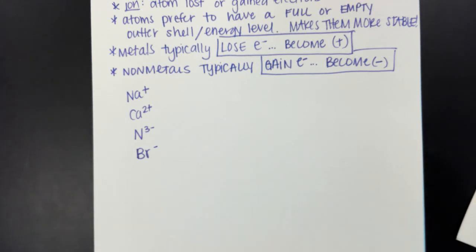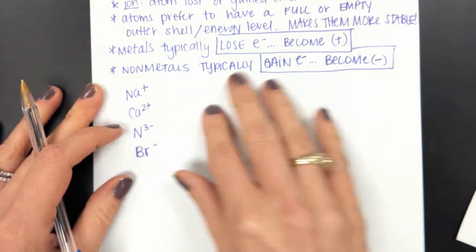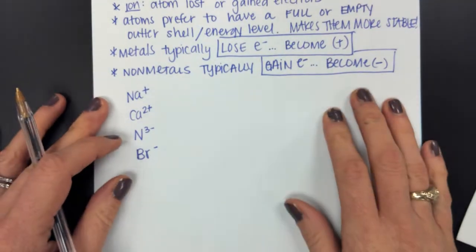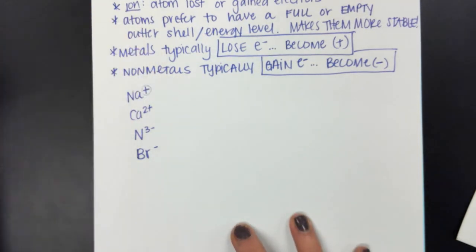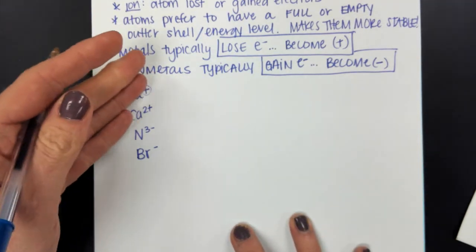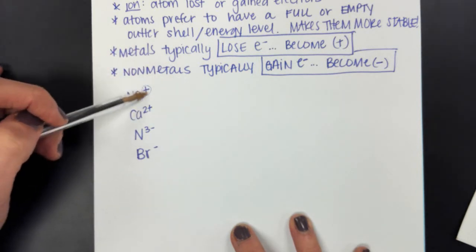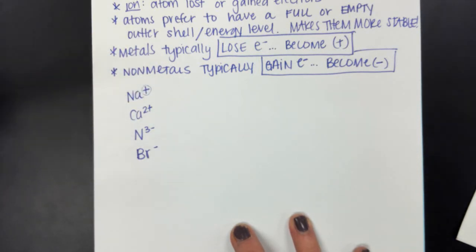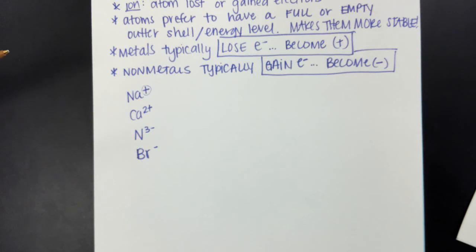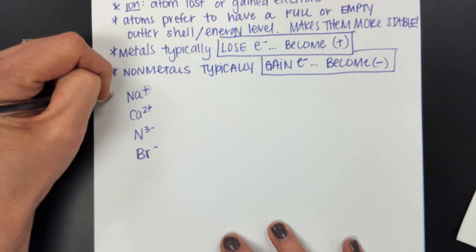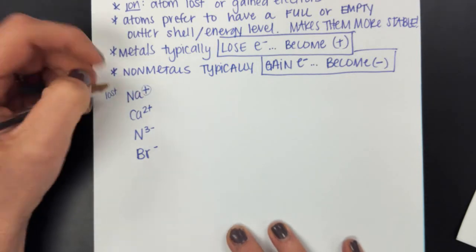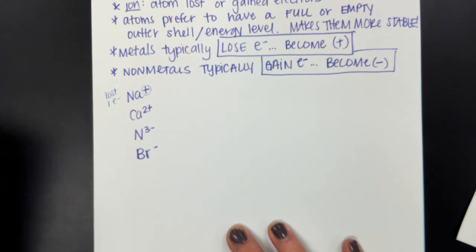Okay, these are the ions that we're going to do as examples, and then you'll have some practice problems to do on your own. So let's first decide, before we even try to deal with their electron configuration, if they're losing or gaining. So if you see a positive charge, that means it has more protons. This sodium has 1 more proton. Okay, but it didn't gain protons. It can't really do that because we're not studying nuclear chemistry right now. Okay, so it lost how many electrons? 1 electron.